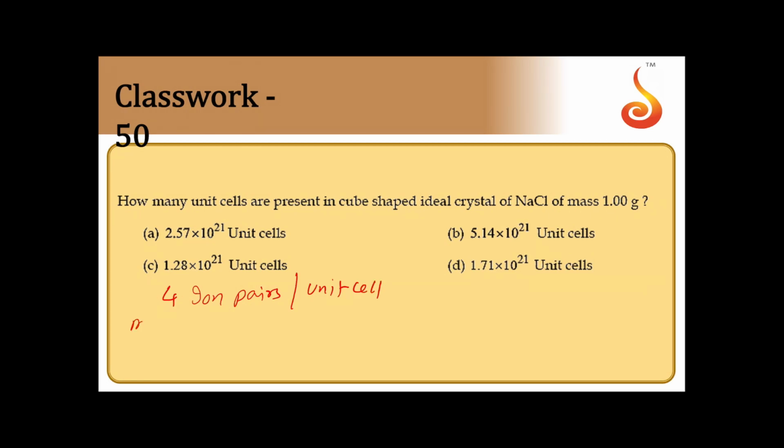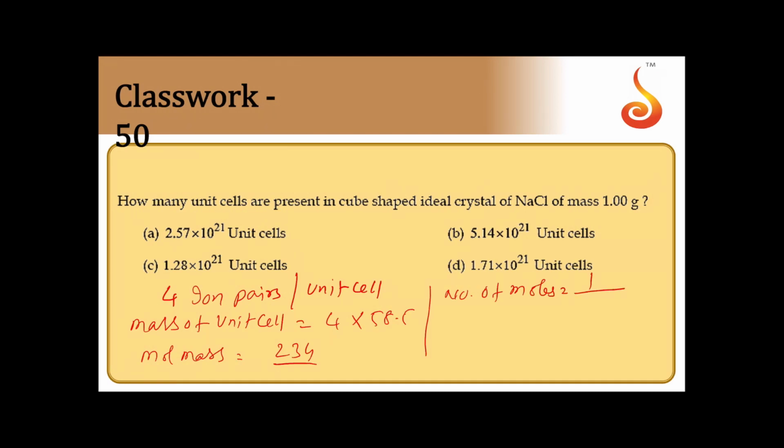Therefore, the molar mass of the unit cell is equal to 4 ion pairs, each pair is 58.5. It will be 234, the molar mass of the unit cell. Then number of moles of unit cells is equal to the given mass by its molar mass 234.